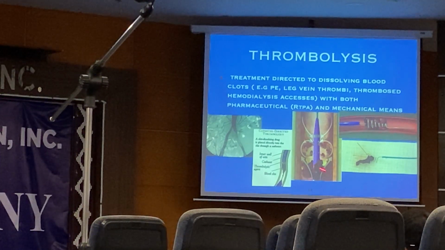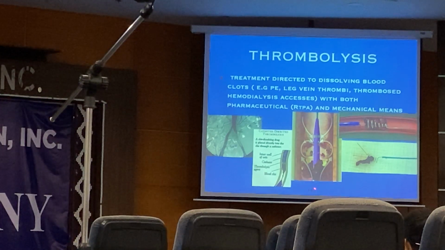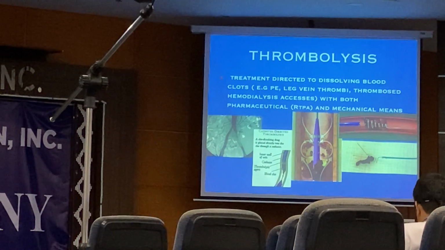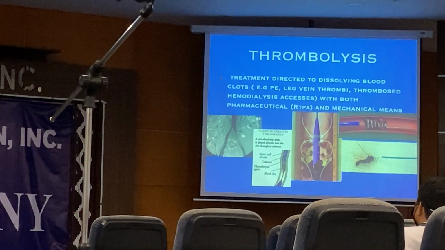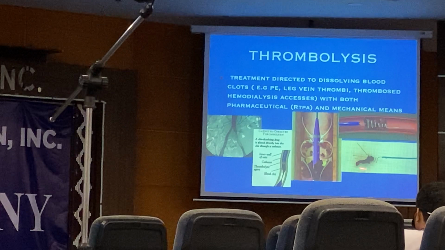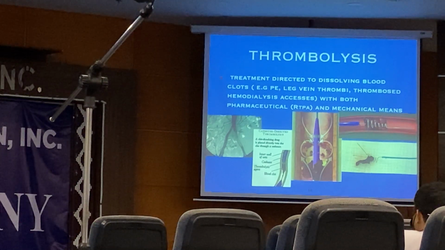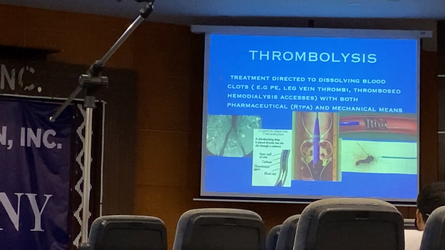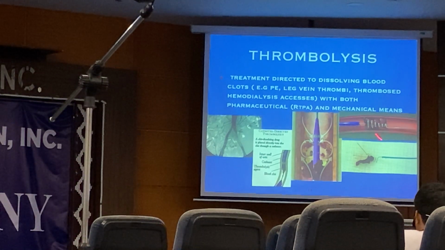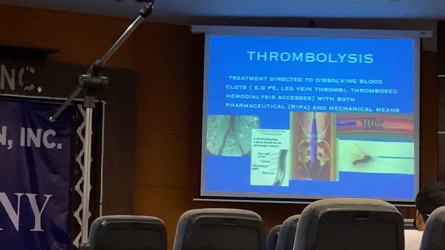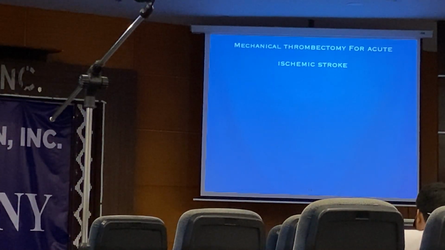For mechanical thrombolysis, we have the AngioJet: you put in the catheter and it sucks the thrombus out of the vessel. This is a type of device that was developed 10 years back, but nowadays it's not available anymore because they have newer devices. So we use this for neurointervention.